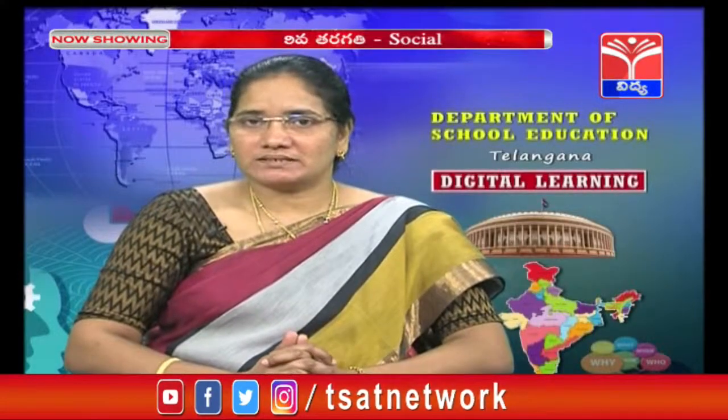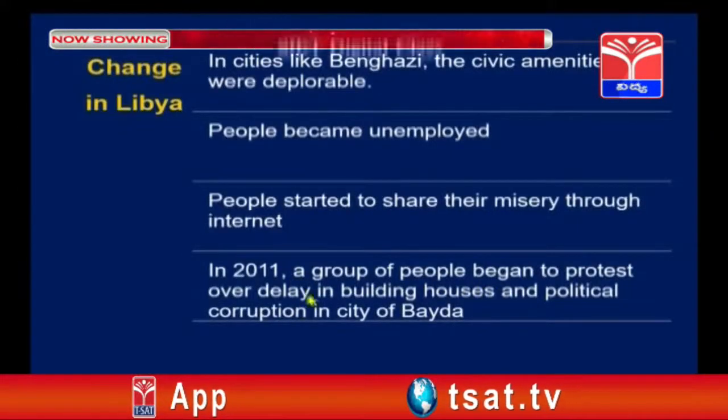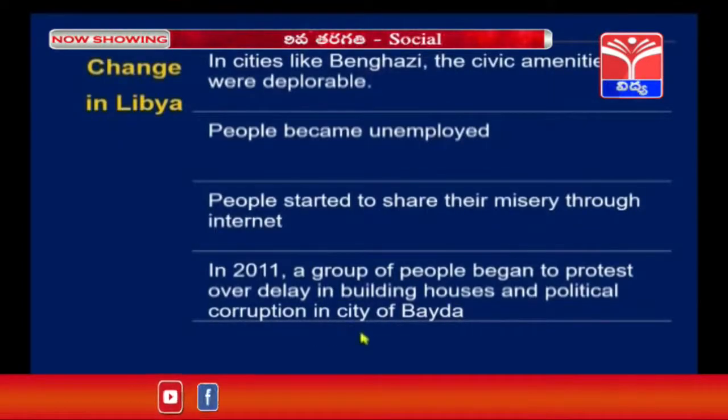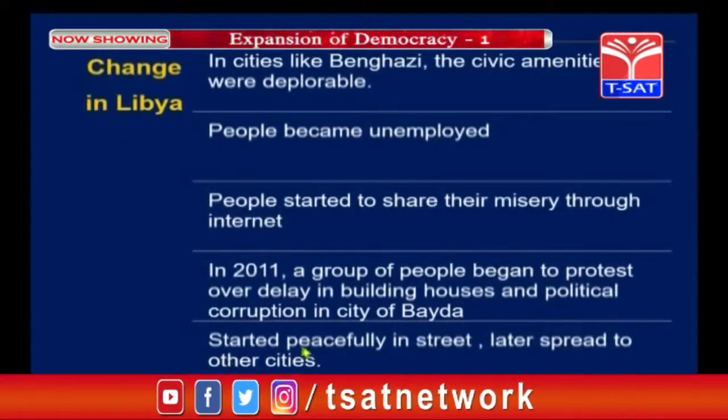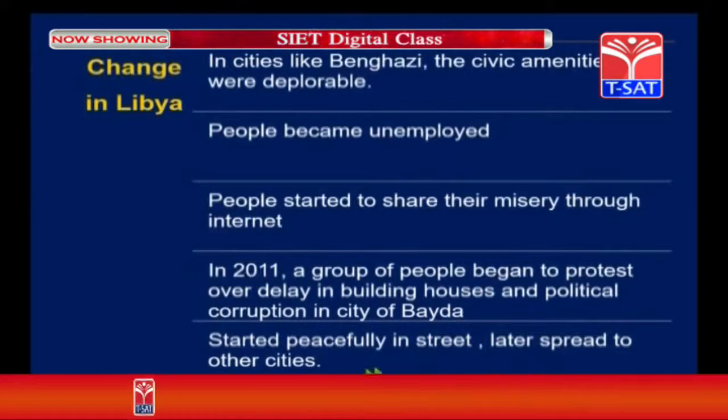Then the government started restrictions on this. In 2011, a group of people began to protest over delay in building houses and political corruption in the city of Baida. This protest started peacefully in a street. Later it spread to other cities.